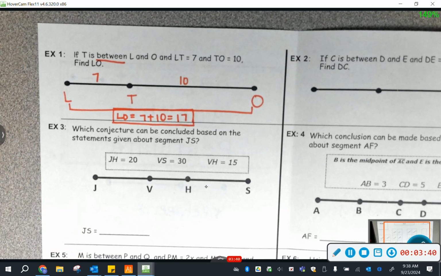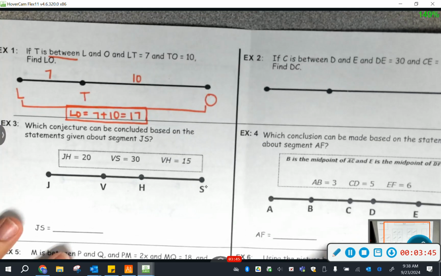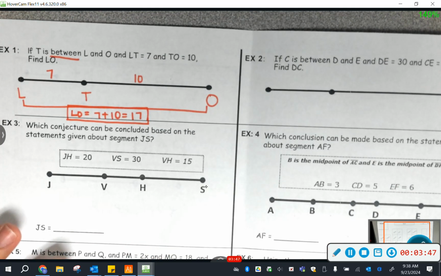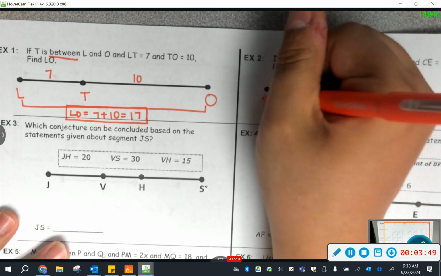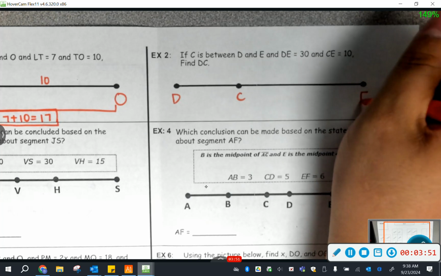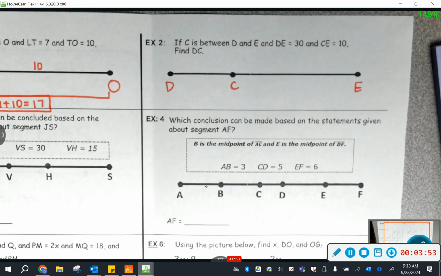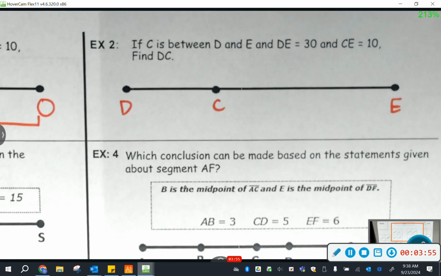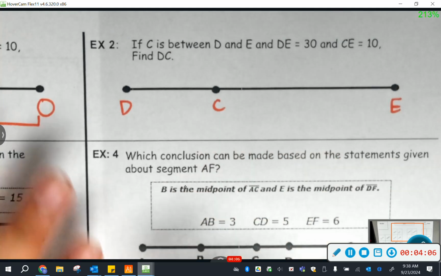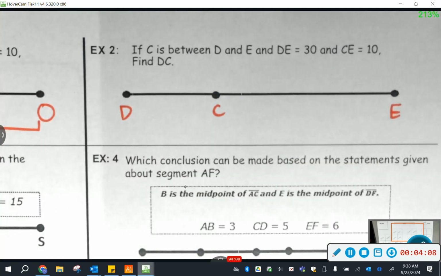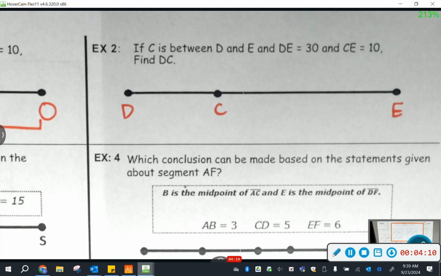Example 2 is a little bit more complex, but still it's like fourth grade. What if C is between D and E? So put C in between D and E. Y'all, the biggest mistake people make, second grade math, but people still make mistakes. Why? Because y'all do not like to read as high schoolers. You see C, D, E, and let me put it in order, because that's what your brain tells you to do. Please read.